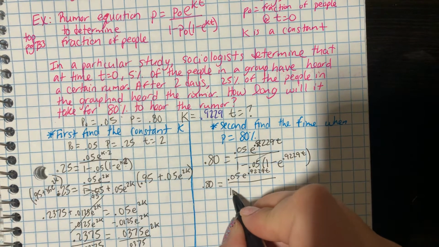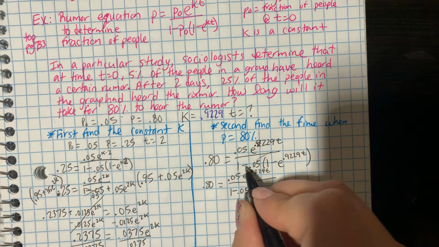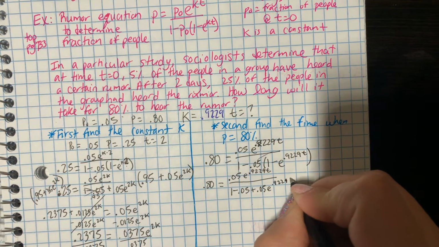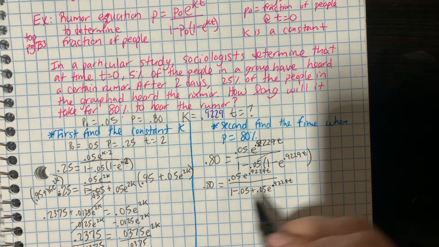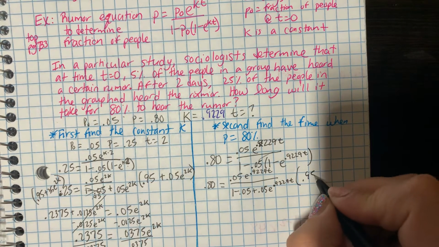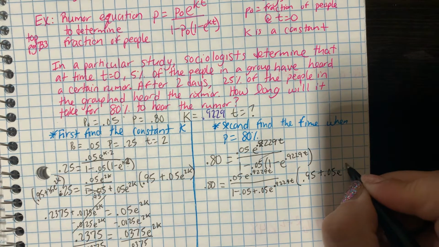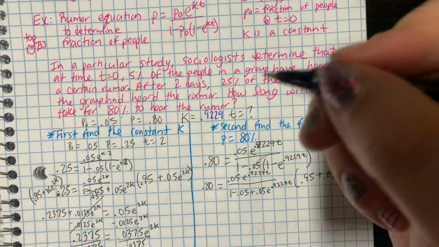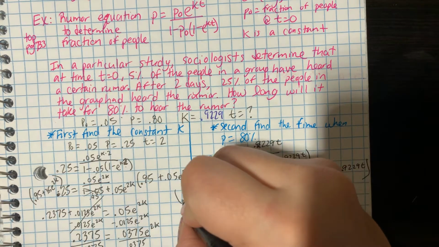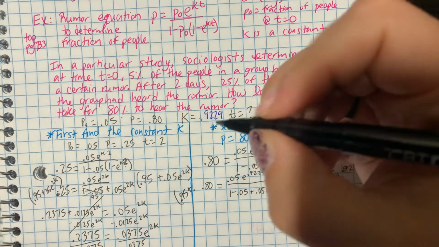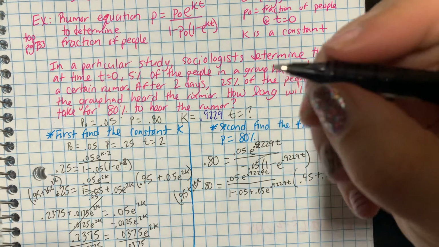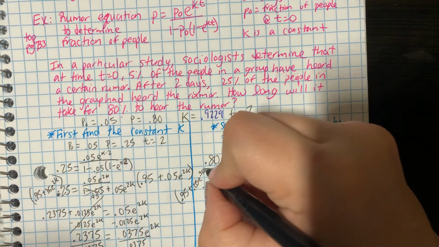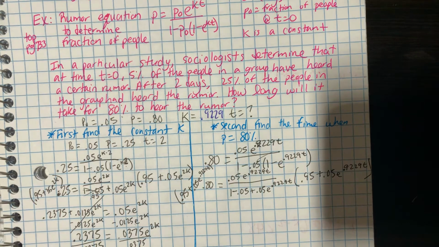So we'll have 1 minus 0.05 minus a minus would be a plus 0.05 e to the 0.9229t. 1 minus 0.05 is going to be 0.95.